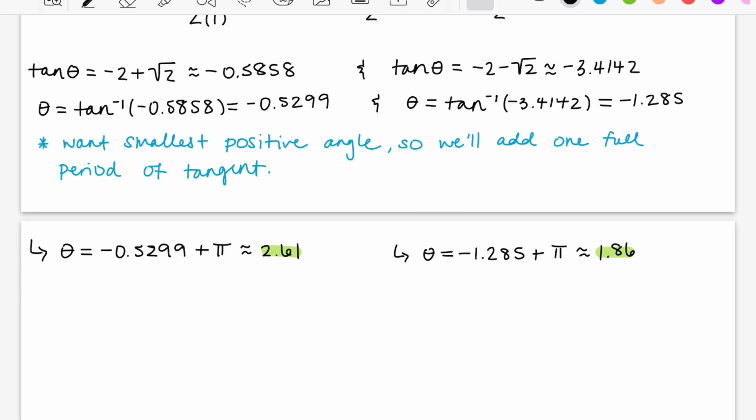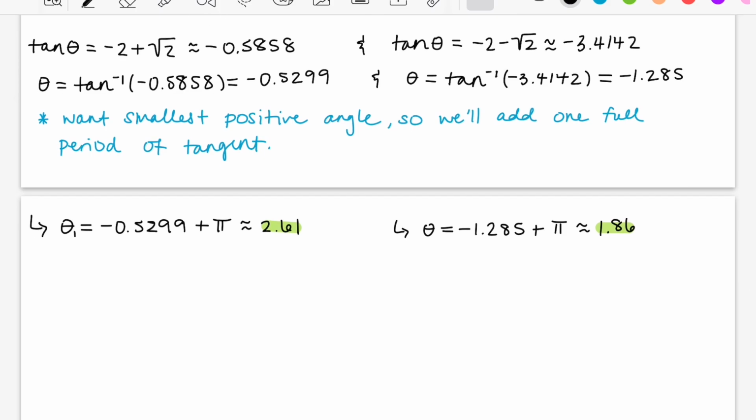Since tangent's period is pi, we'll typically get two solutions for each value of our tangent theta. So we'll call this one theta 1 and this one theta 2. Our potential theta 3 then would be equal to this guy plus 1 period. So 2.61 plus pi, which is exactly equal to 5.75.